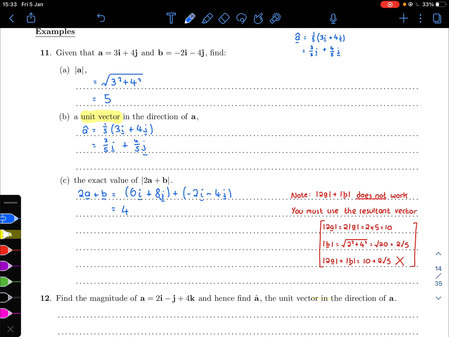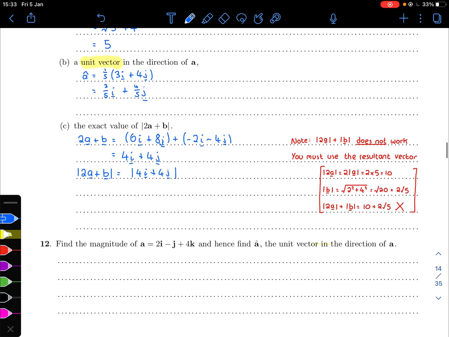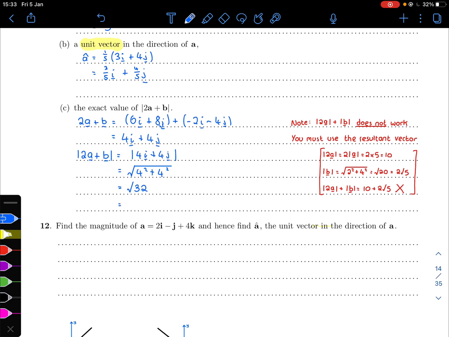So 6 take 2 and 8 take 4: 4i plus 4j. So now I can say the magnitude of that is the magnitude of this vector. Then apply Pythagoras. So that's root 32 or 4 root 2. I always simplify answers.